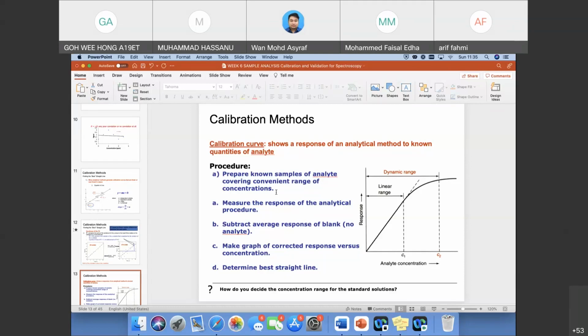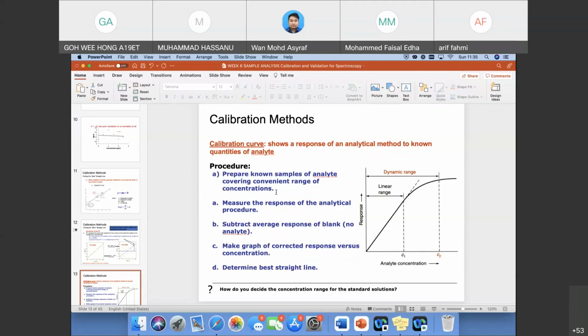This is stated when you install your hollow cathode lamp. So with that information, when you want to create your calibration curve, it needs to be below 2.